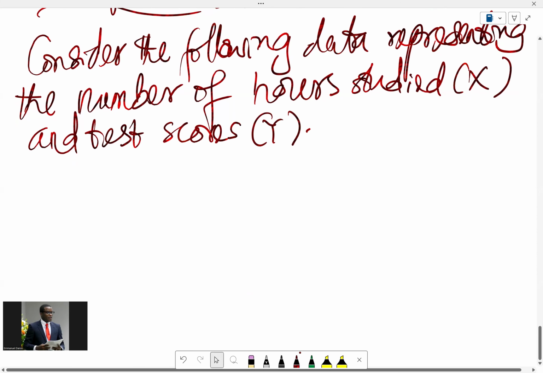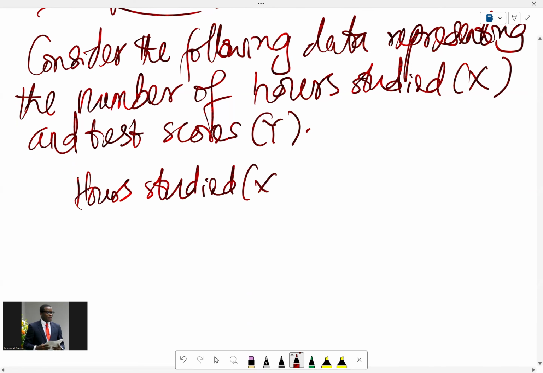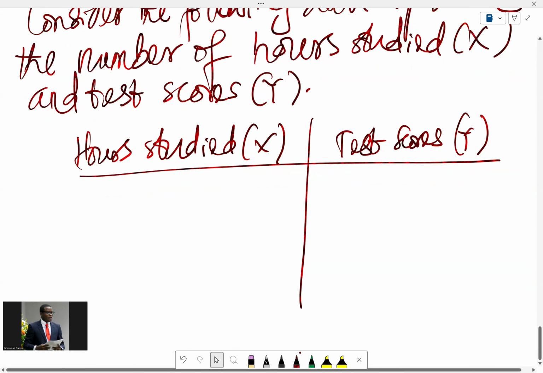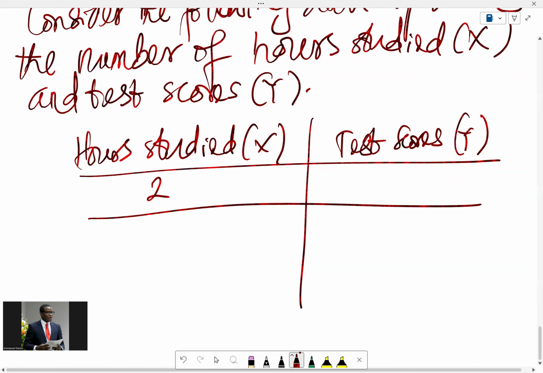So here now we have hours studied, that's X, and we have test scores, which is Y. Okay, so if you study for 2 hours, you get 50.